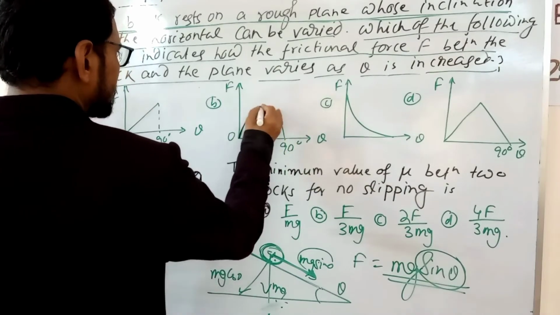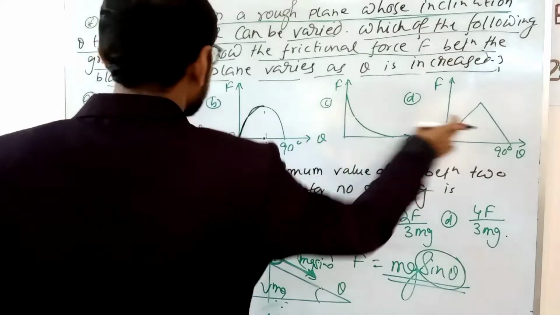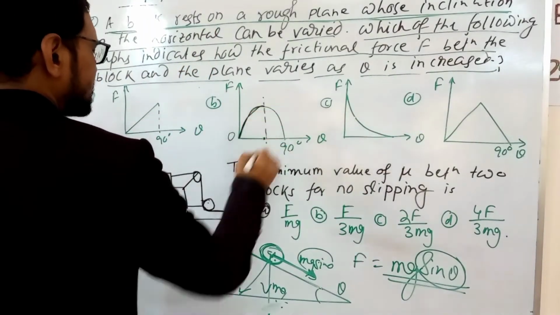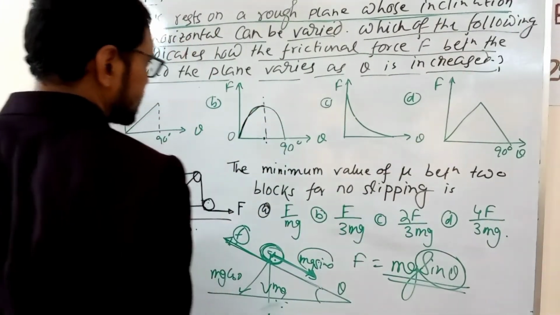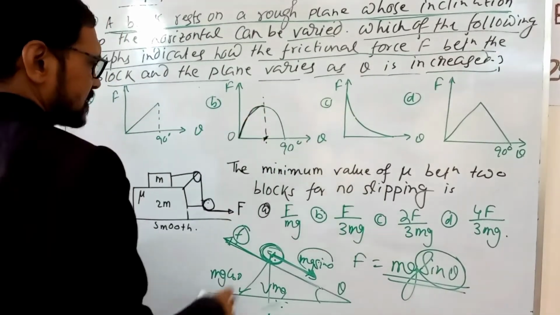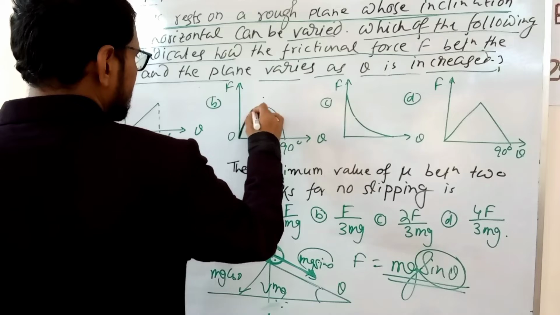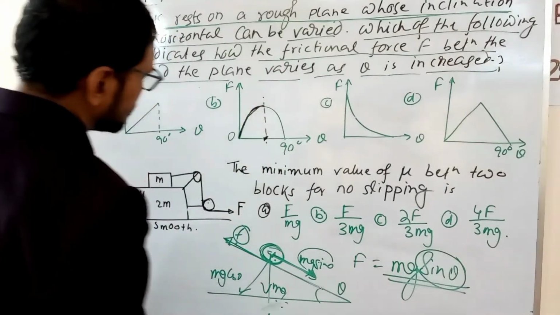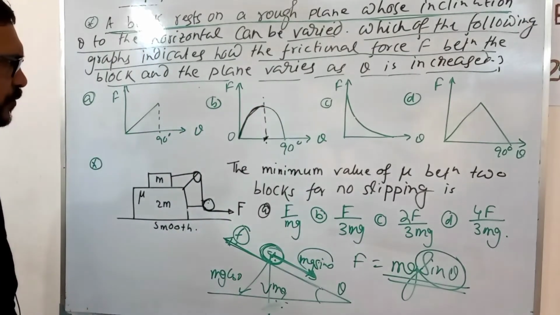Up to 90, the sin theta graph is this, not this, not this. Up to 45 degree, the sine curve is this. This is where the force is maximum.